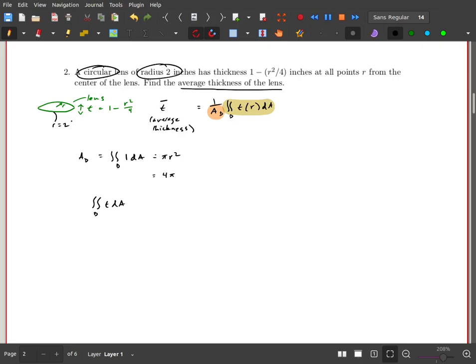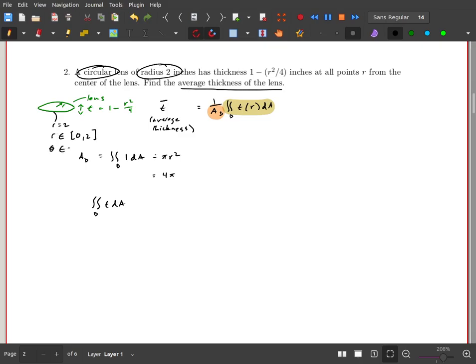So this means that when we do our integration, we'll start from the origin and out to the radius, which means that we are going to go from 0 to 2, right? So that will have one line. And then to complete this entire circle, we'll rotate that line from 0 to 2 pi.